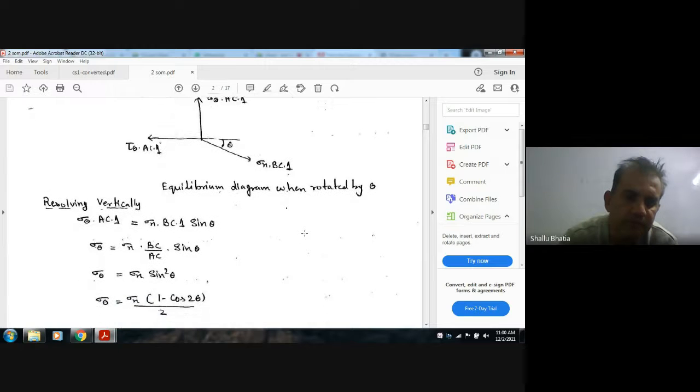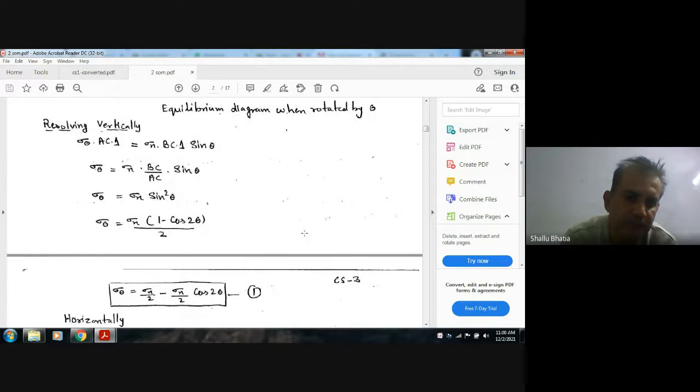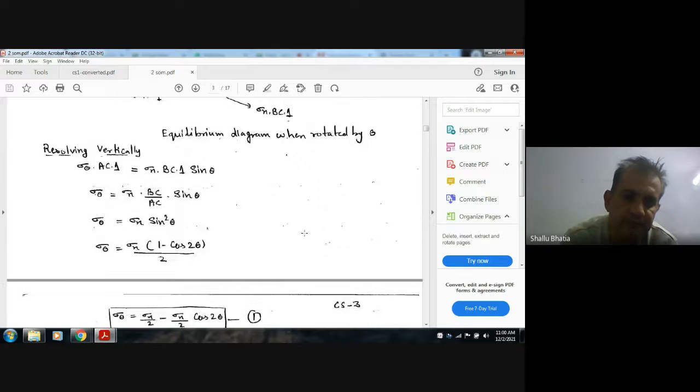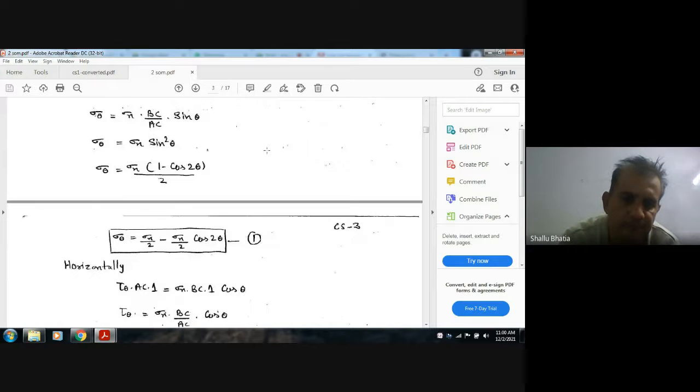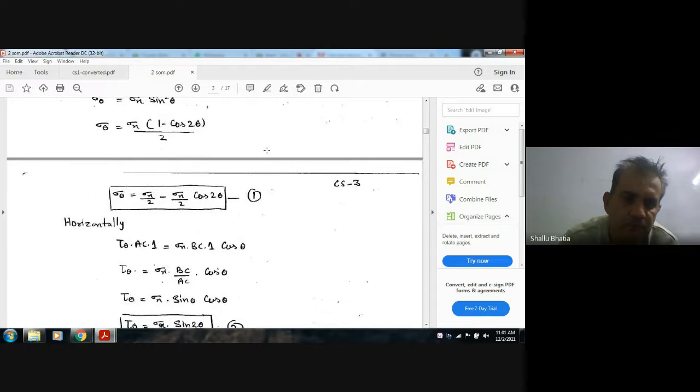Now, if we resolve it horizontally, we can find out tau theta. The horizontal part of tau theta is the same, that is tau theta AC into 1, and the horizontal part of sigma x BC into 1 is sigma x BC cos theta.